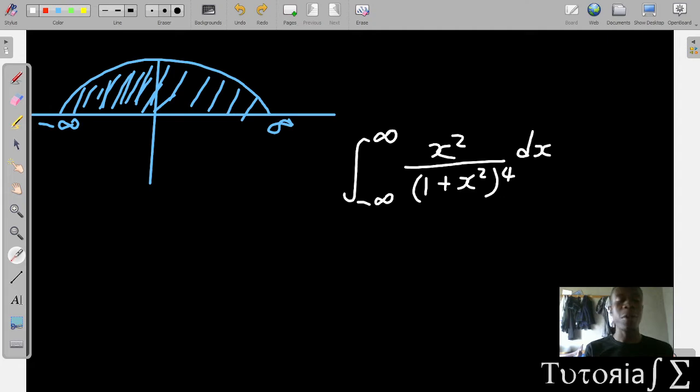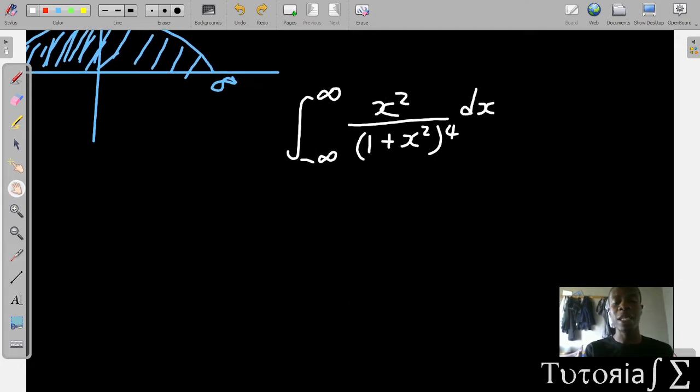So we're integrating from negative infinity to positive infinity. First of all, we need to deal with this part here. You need to make sure that the power there is one, so you write this as a product that gives you the same number when you multiply.